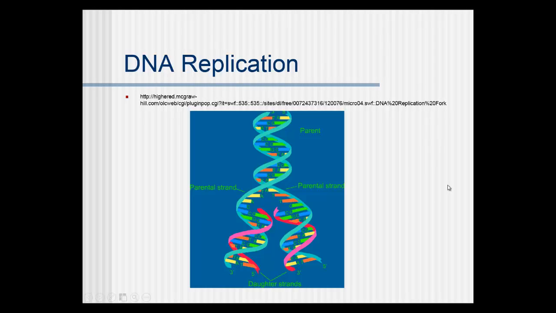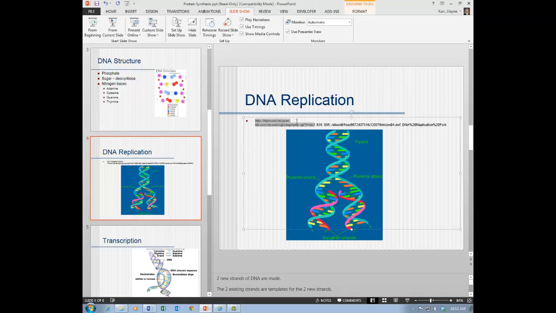So what happens is DNA will separate or unwind with the help of an enzyme, which is called DNA helicase, and that will unwind the DNA ladder, and then another enzyme will come in and start dropping new pieces of DNA onto this unwound DNA ladder, and that's with the help of another enzyme called DNA polymerase. So we'll watch this animation here to get a little visual picture of what exactly DNA replication entails.